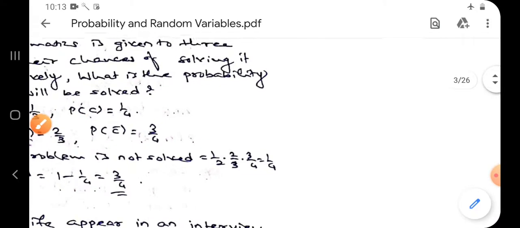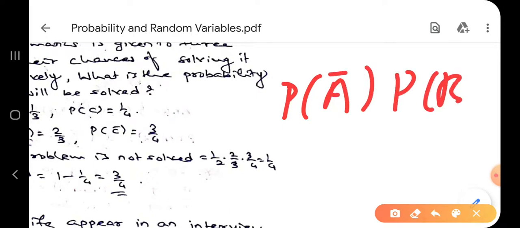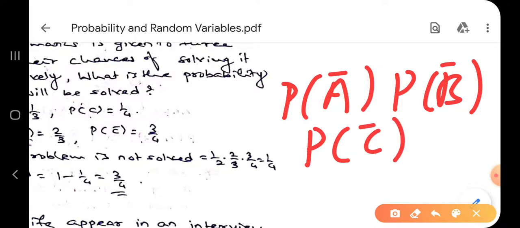And just subtract it from 1, you will get the answer. Now we know P of A complement, P of B complement and P of C complement. The probability that the problem is not solved is the product of all three: 1 by 2, 2 by 3 and 3 by 4. So your answer is 1 by 4.